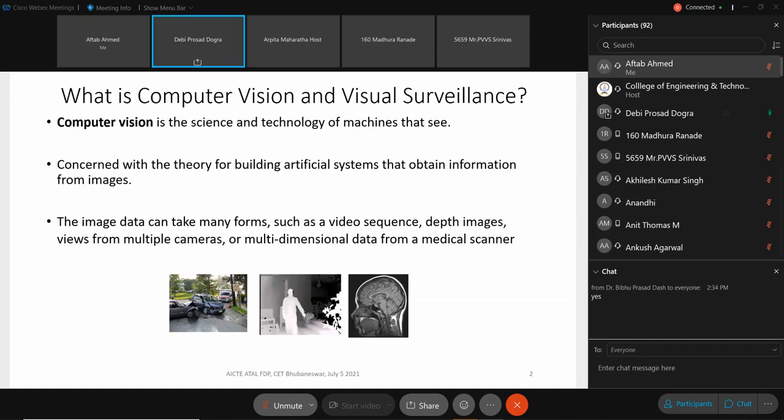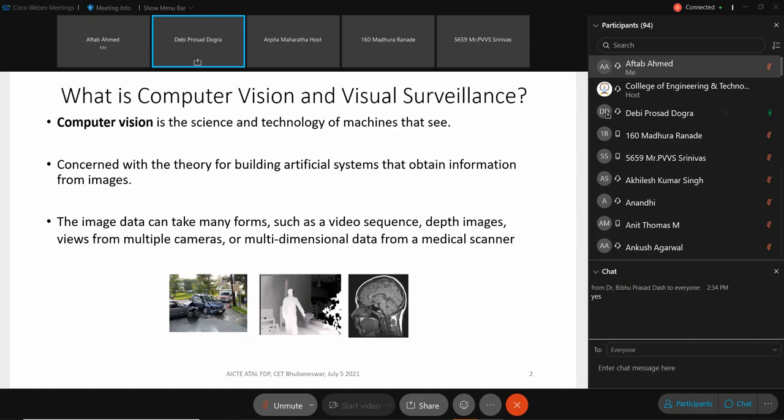The image data can take many forms. It can be a video or a sequence of images. It can be depth images. We can have recordings from multiple cameras, or multi-dimensional data from a medical scanner like a CT scanner or MRI and other similar medical devices. We can capture these data, and they are stored in different formats.